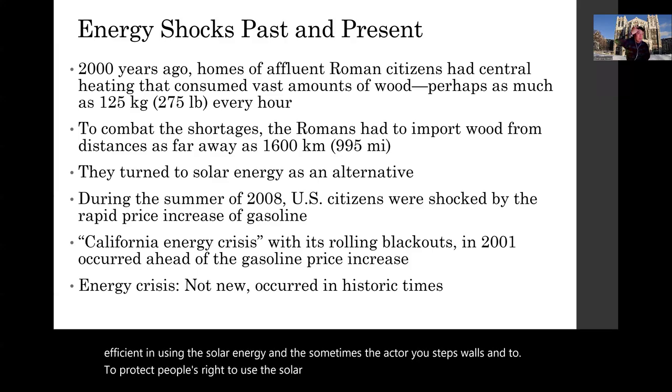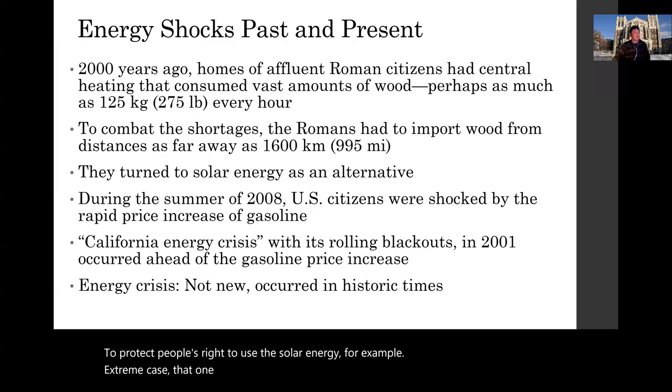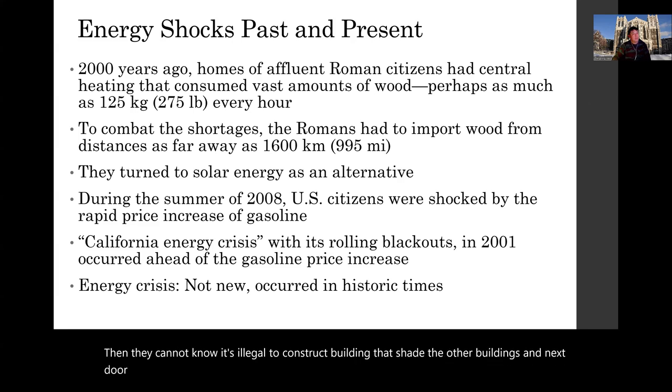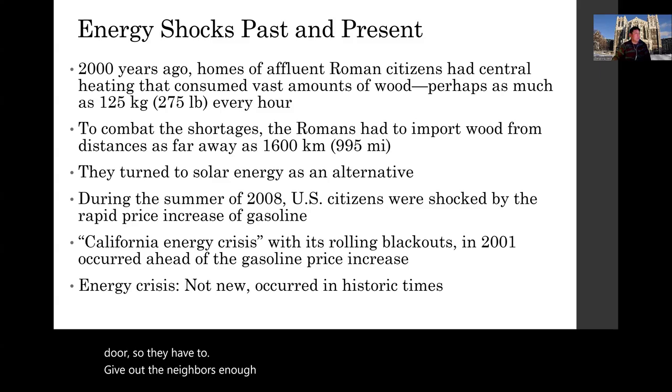For example, in an extreme case, when someone built a house, it was illegal to construct a building that shaded other buildings next door. They had to give the neighbors enough sunlight.